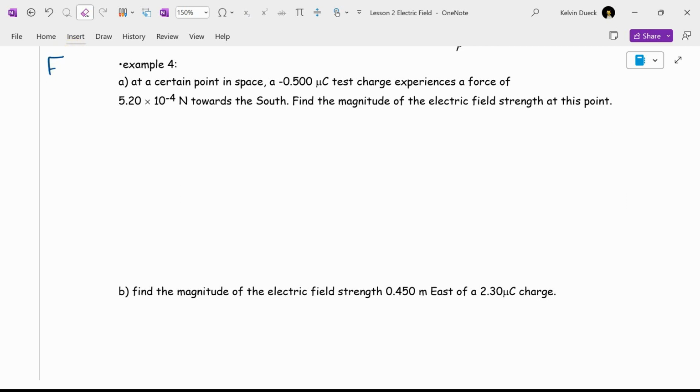So we had electric field, capital E, as a ratio, force per charge, and we had electric field as K big Q over r squared. Okay. Carter, which one do you think I'm going to use for part A? The one on the left or the one on the right?